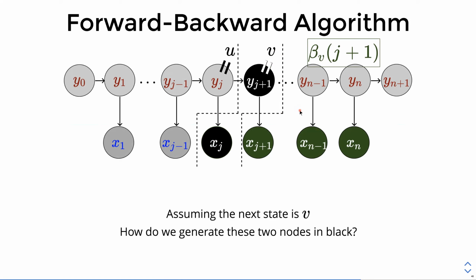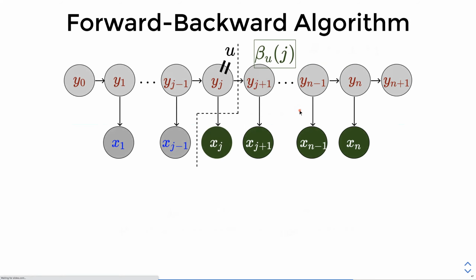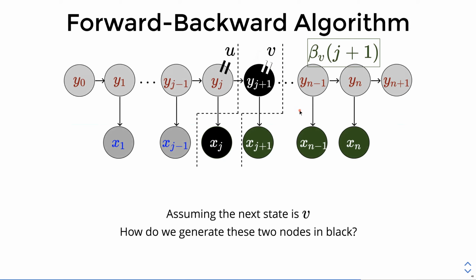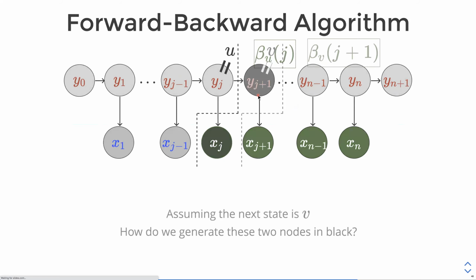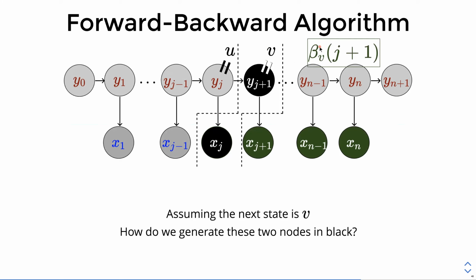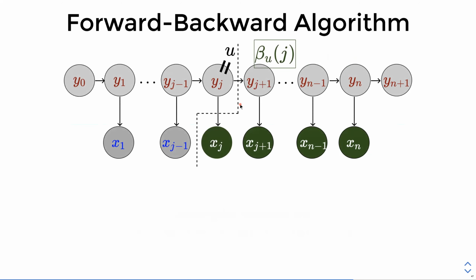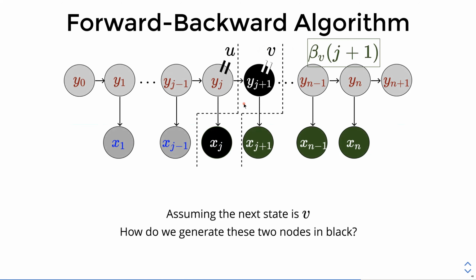So the question is, how do we reconstruct the original beta here from this small beta? The difference here is that I have these two nodes that are not included in this small beta. So I have to take care of the generation of these two in order to reconstruct this beta. Now, how do we do that?